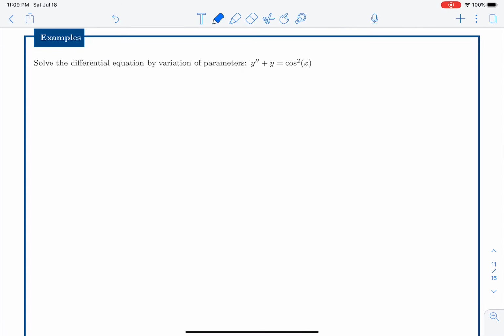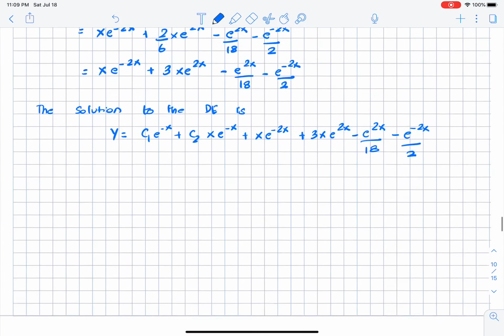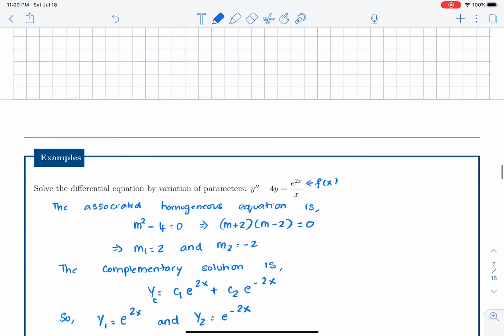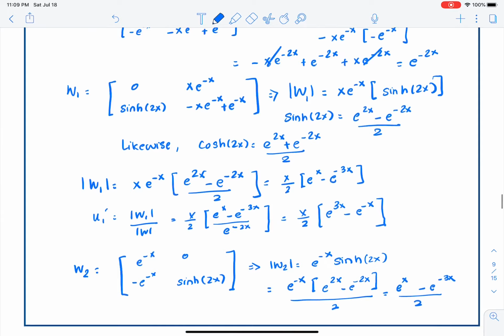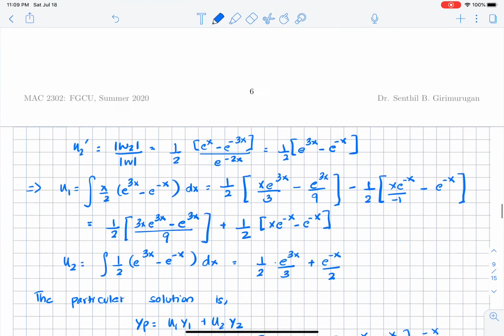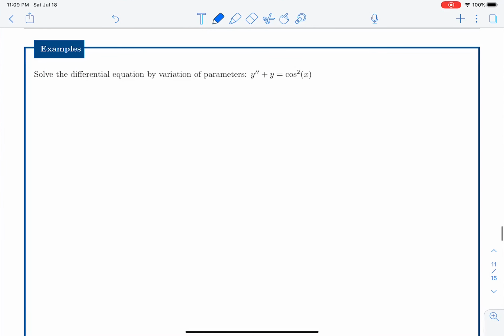Here we have another non-homogeneous DE. The associated homogeneous equation is m squared plus 1 equals cosine squared x.